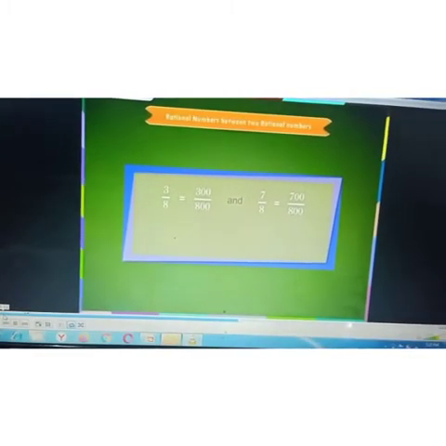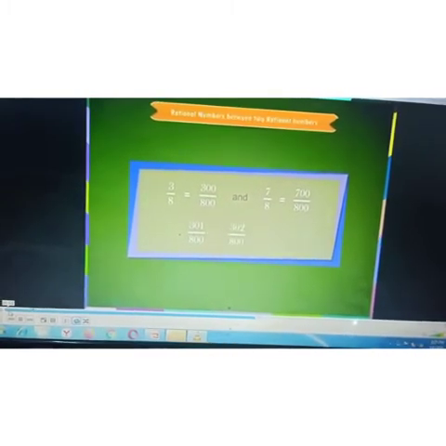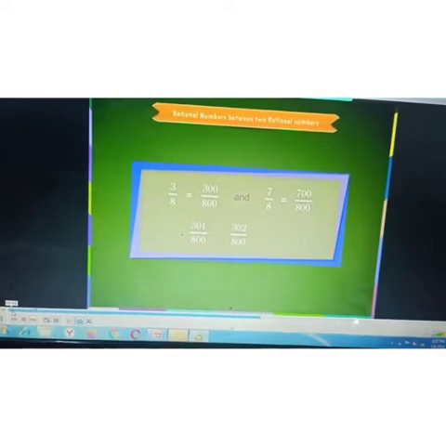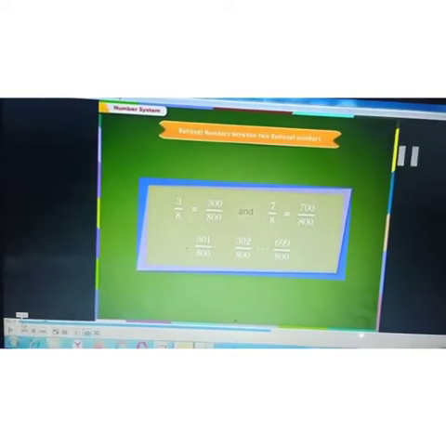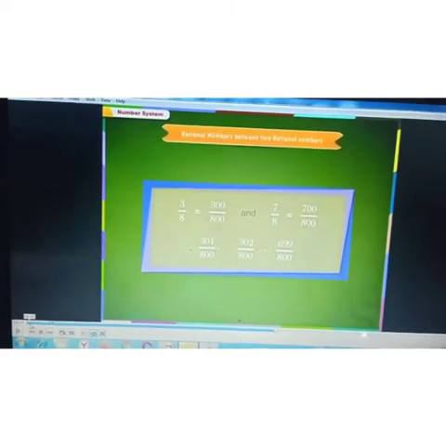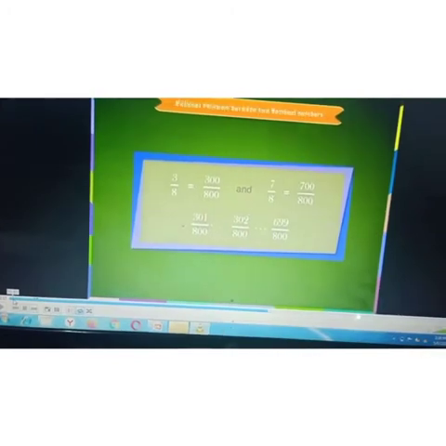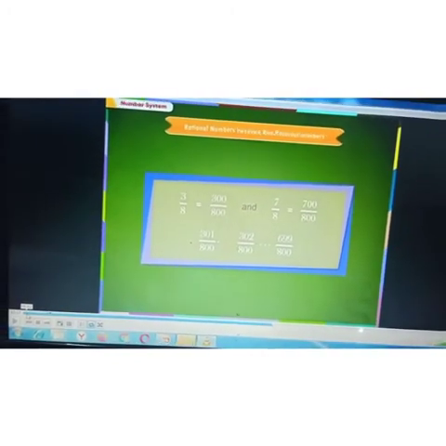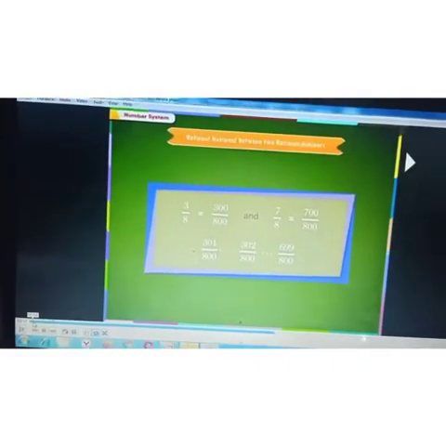Between 300 by 800 and 700 by 800, the numbers are 301 by 800, 302 by 800, and so on continuously up to 699 by 800. Similarly, you can solve by using 3000 by 8000. So what is our conclusion? Our conclusion is that there are infinite rational numbers between any two rational numbers.